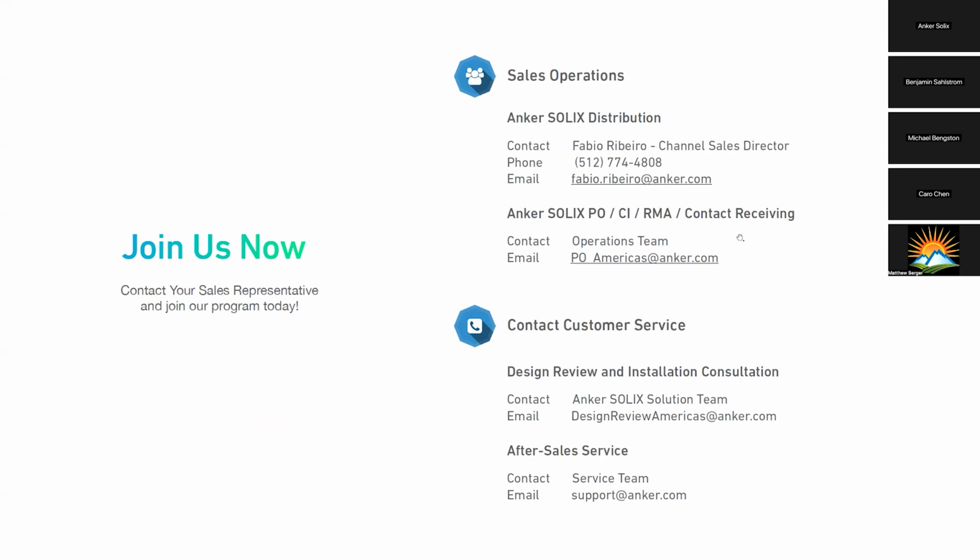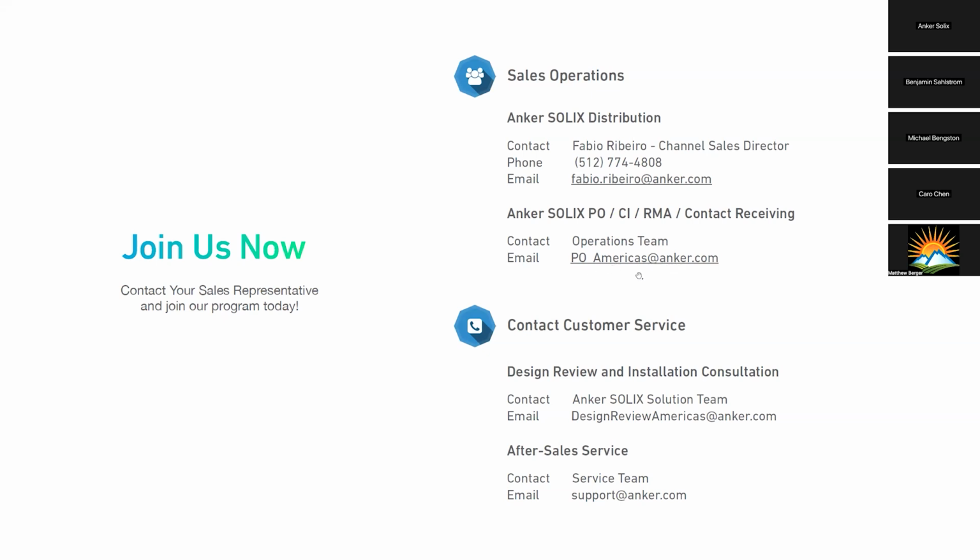So I got some contact information for you guys. So we have our channel sales director, Fabio. If you guys don't know who your regional account manager is, you can email Fabio here, and he will get you in contact with who you need to reach out to so you can start this onboarding process. And then if you're a distributor, all POs will be forwarded through here, our PO America account.